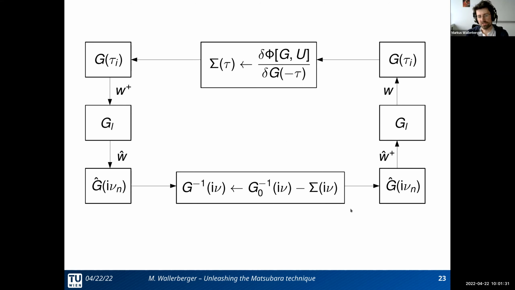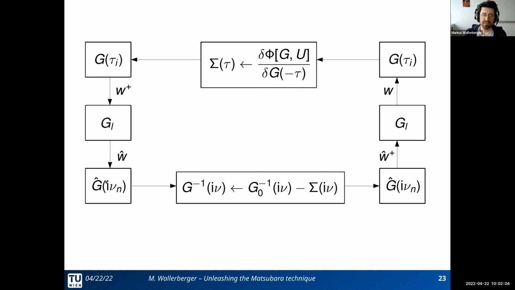We take the Green's function that we have expanded, transfer it to time on these special points, and solve the diagrammatic equation for the self-energy at these time coordinates. This gives us the sigma. Then we go back and determine the expansion coefficients by fitting.